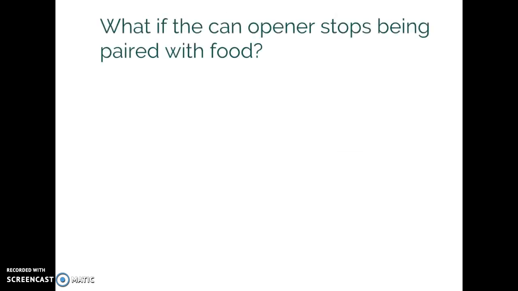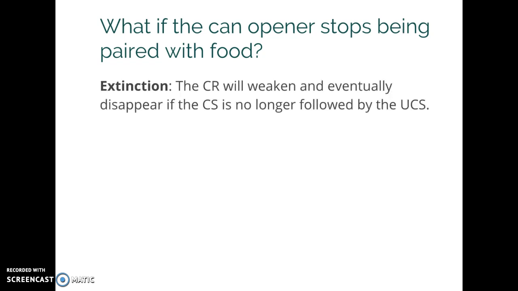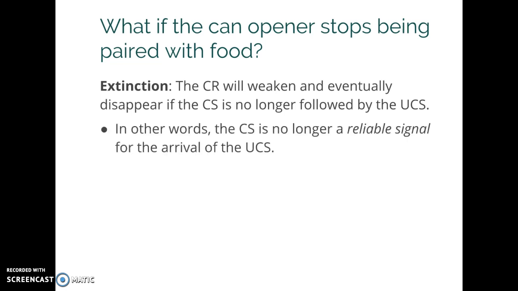The other term that does overlap with operant conditioning, but it does have a different meaning in this context, is extinction. So in operant conditioning, extinction is when the person stops doing a behavior. In classical conditioning, extinction is when the conditioned response goes away.